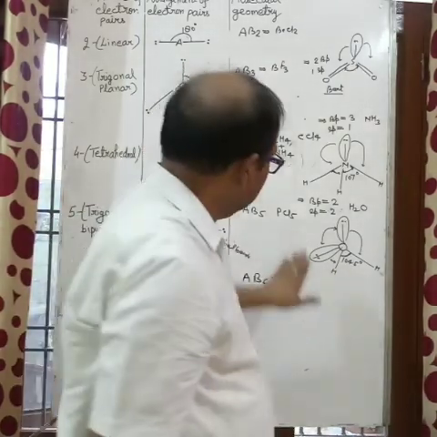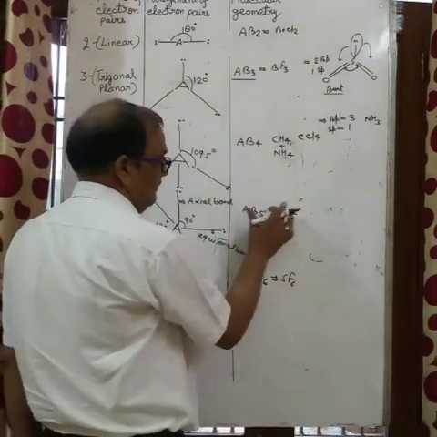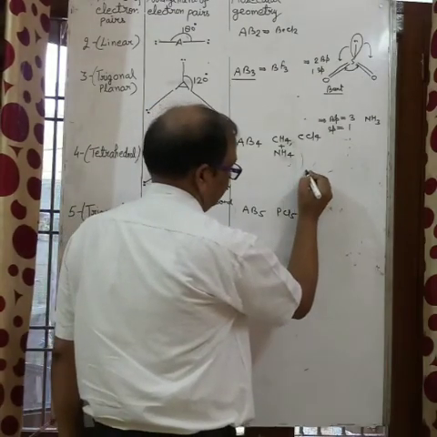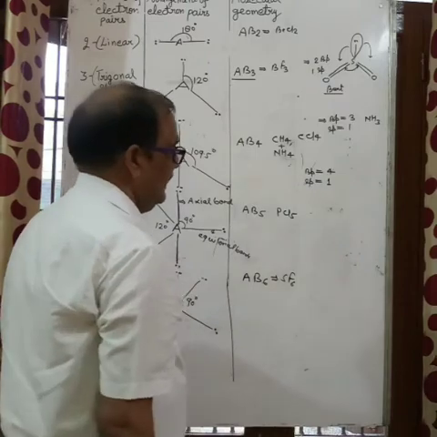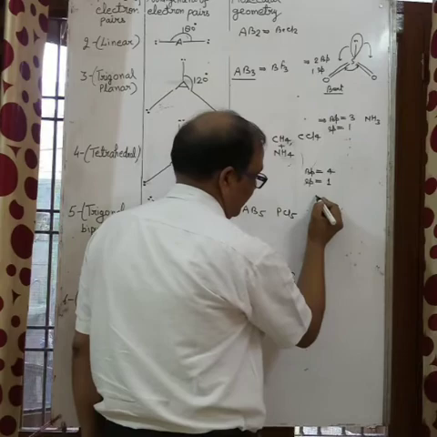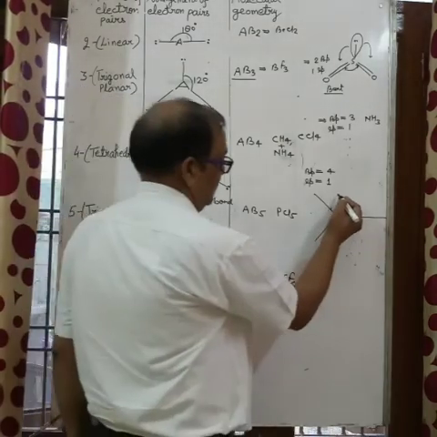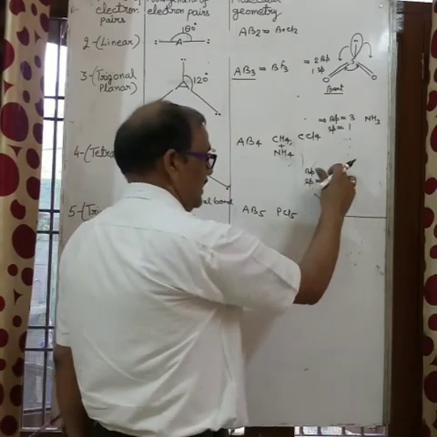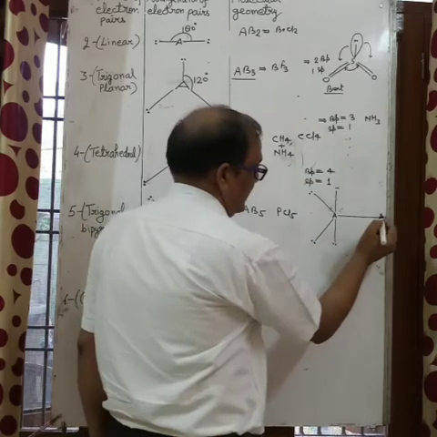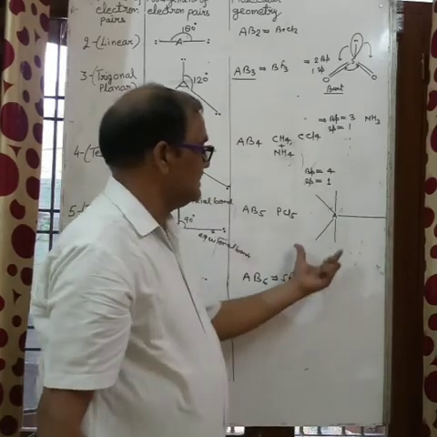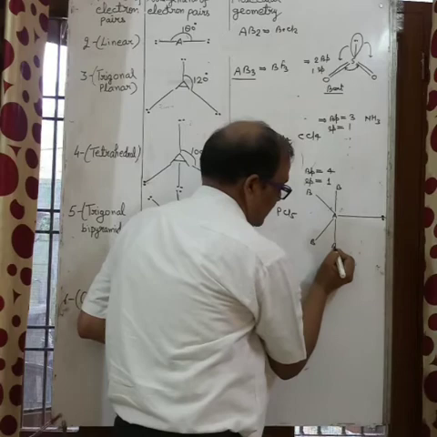And the next example is, in case of AB5 type, if there are 4 bond pairs and 1 lone pair, and suppose A is the central atom, according to the normal geometry, it is trigonal bipyramidal, but there is 1 lone pair and 4 bond pairs of electrons, and the geometry of the molecule will be seesaw, because 1 lone pair of electrons occupies a place and there are bond pairs surrounding the atom.